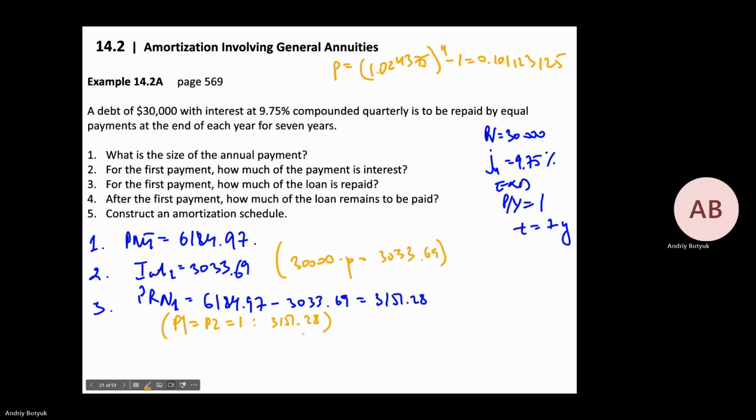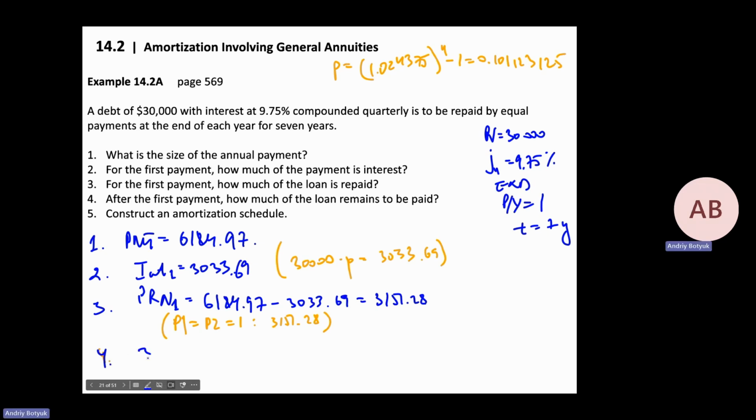Same thing, right? After the first payment, how much of the loan remains to be paid? So what we do?